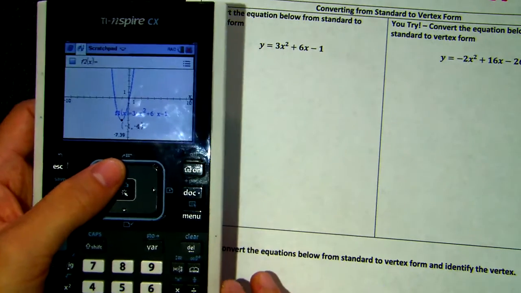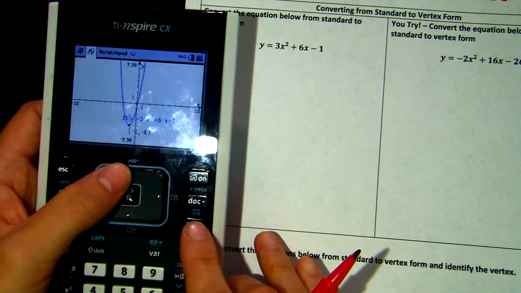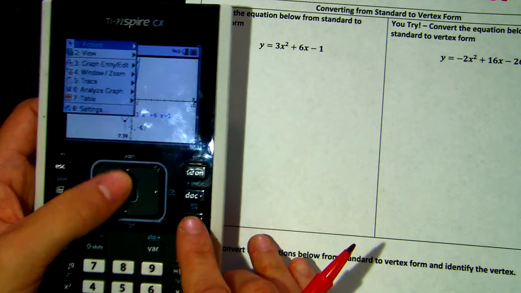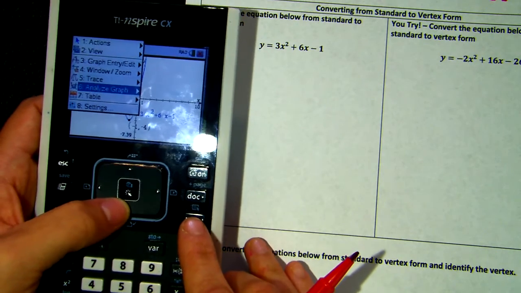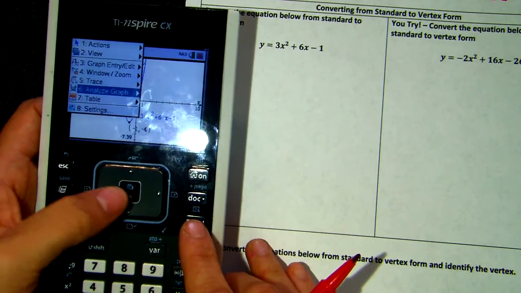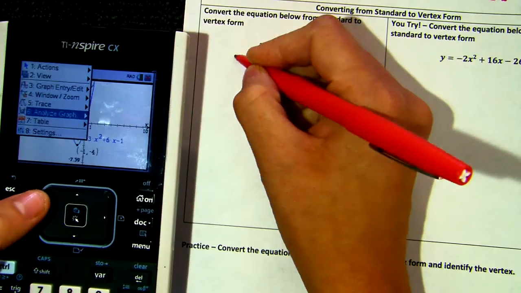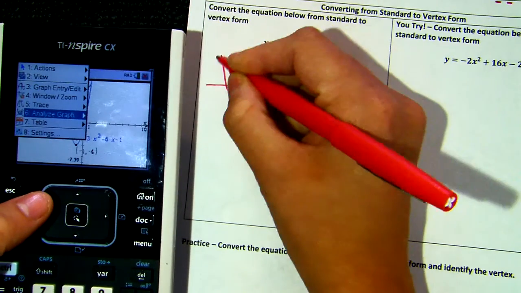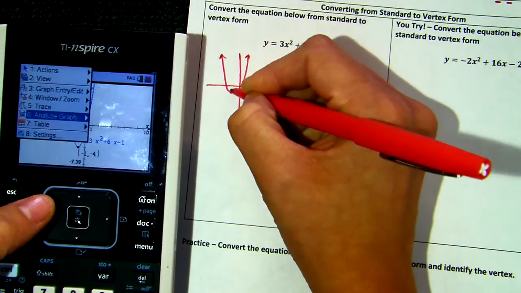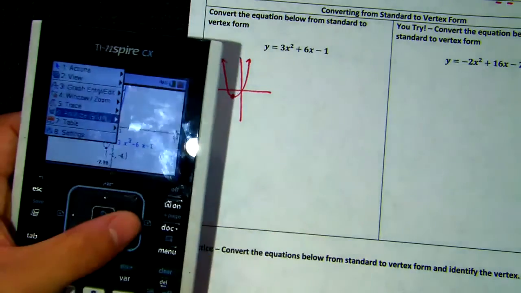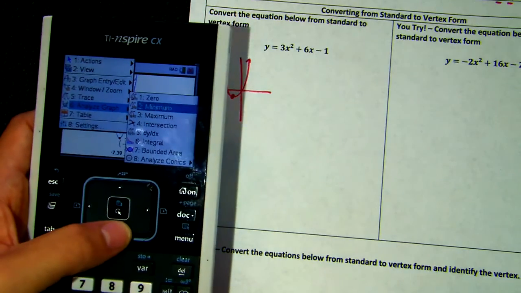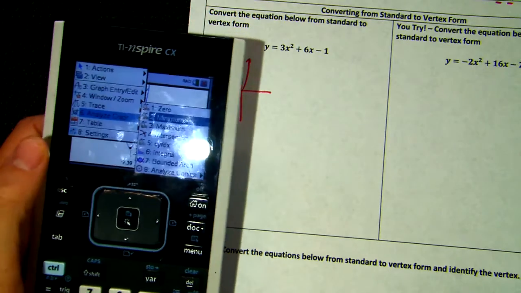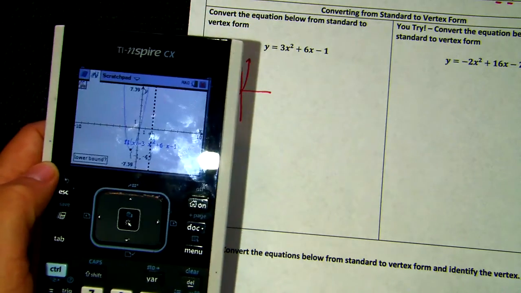So once I've hit enter, I'm going to go to menu, and scroll all the way down to analyze graph. As I saw before, my quadratic was opening like this. So if it's opening upwards, my vertex is a minimum. So when I go to analyze graph, I'm going to choose minimum, which is this second one, and press enter.